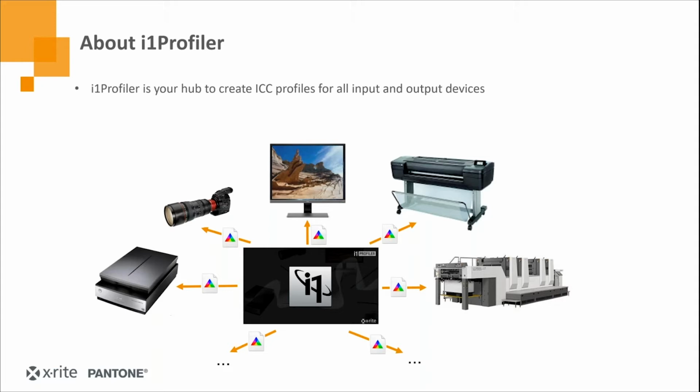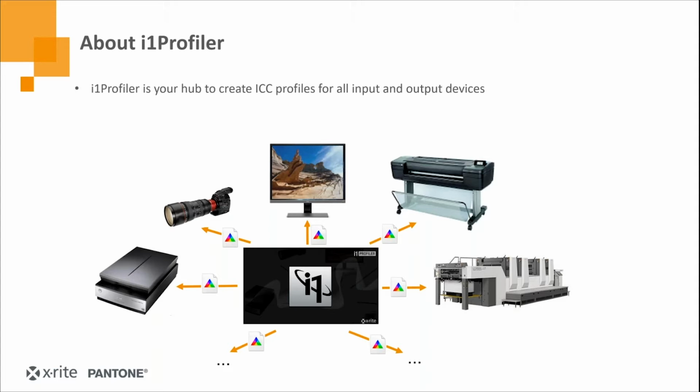And i1 Profiler is X-Rite's universal software to create high-end ICC profiles for all your input and output devices or processes, like monitors, projectors, scanners, cameras, and nearly all conventional and digital printing systems, which can be RGB, CMYK, or even CMYK plus up to 4 spot color systems.